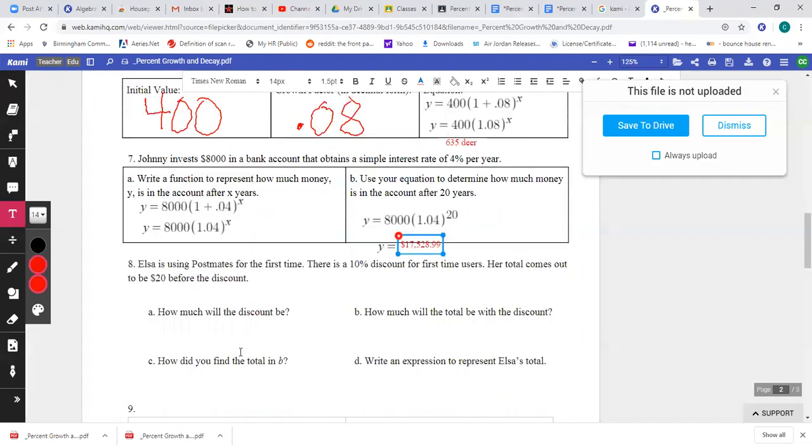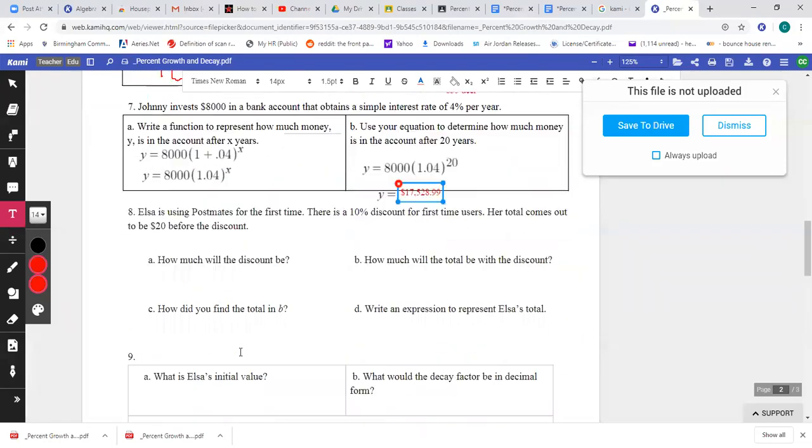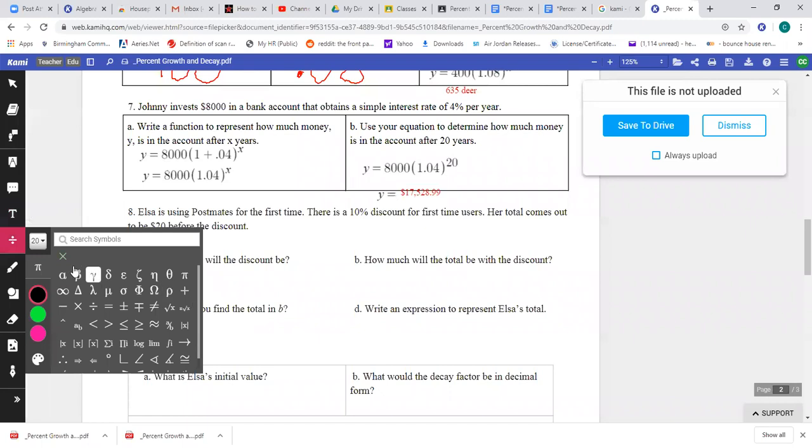So now number 8. Now we're going to go down in value. Elsa is using Postmates for the first time. There's a 10% discount for first-time users. Her total comes out to be $20 before the discount. How much will the discount be? Actually, here you do the same thing as the top.